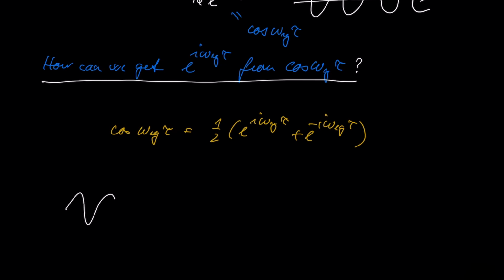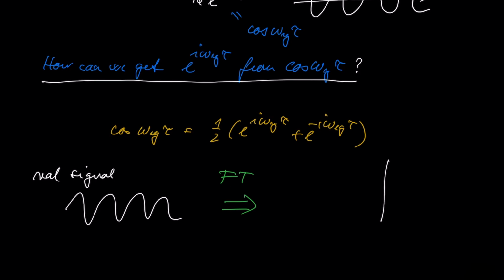I take a real signal and I perform a Fourier transform on it, and I'm getting a spectrum. Because the signal is real, I'm getting it for positive and negative omegas. So I am getting a signal at omega Eg and at minus omega Eg.